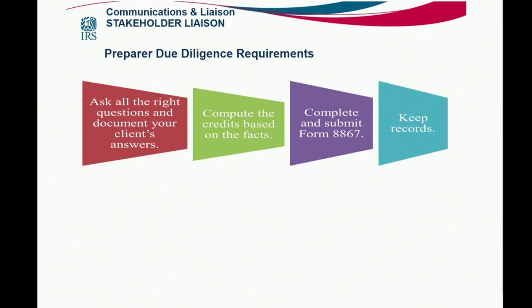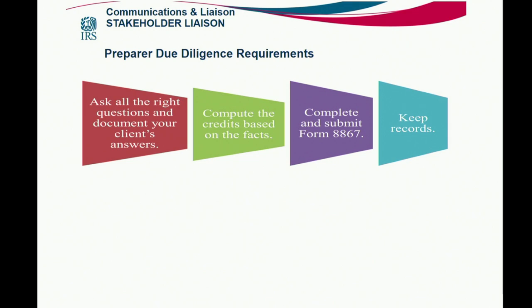Additionally, a firm employing a preparer can also be subject to penalties for an employee's failure to follow due diligence rules. So where does the IRS's authority to assess due diligence penalties against paid preparers come from?